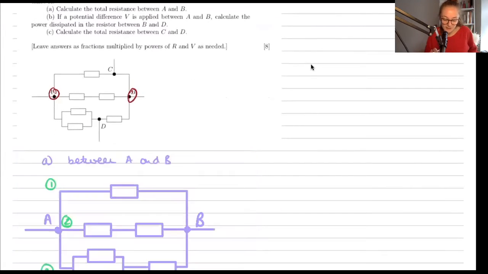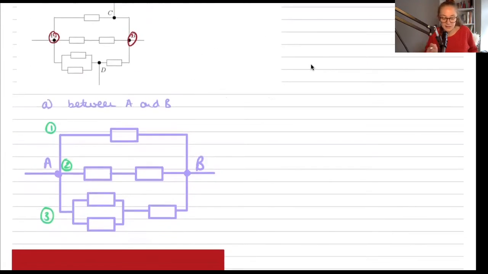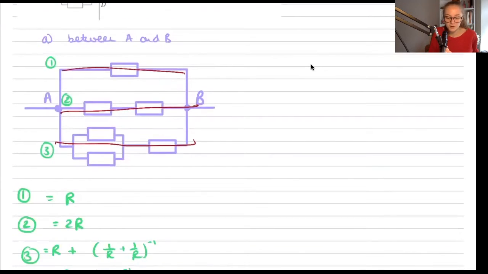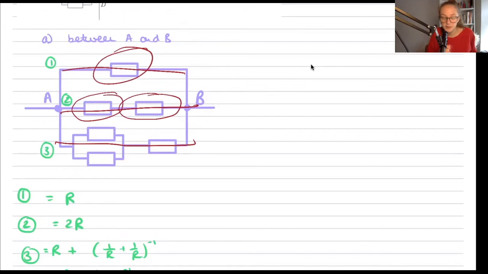I found the easiest way to handle any questions like this is to add up the resistances of each individual branch. So I have branch 1, branch 2, and branch 3 down here. Our total resistance of branch 1 is super easy. It's just R. Our total resistance of branch 2 is also pretty easy. We have 2 resistors in series, so that would be 2R.